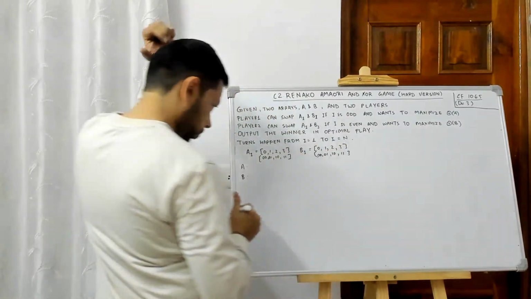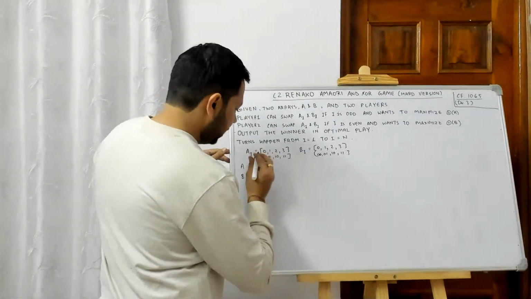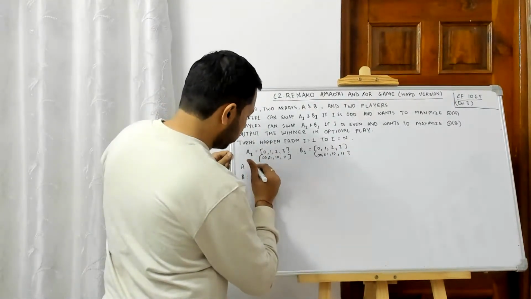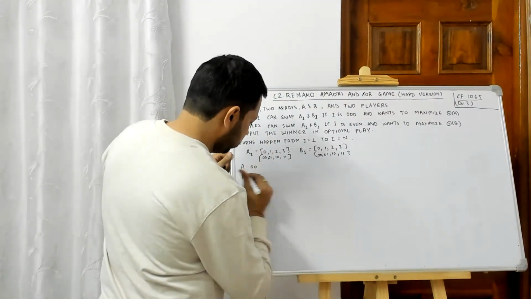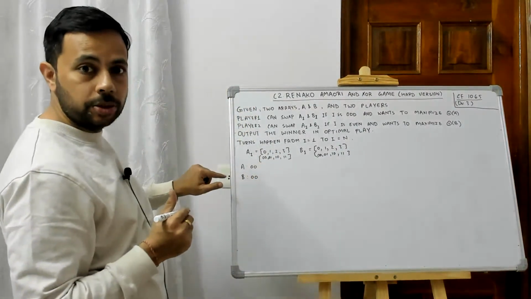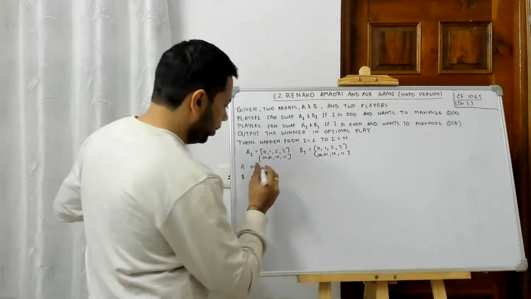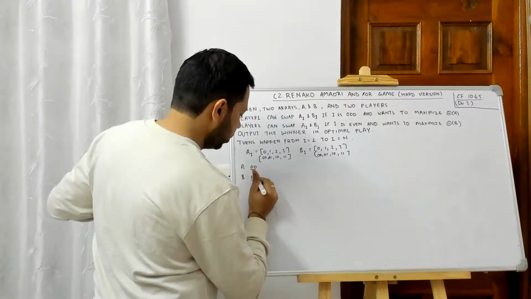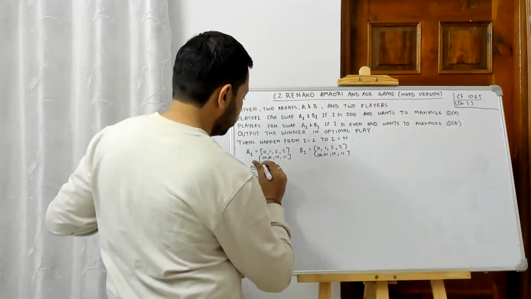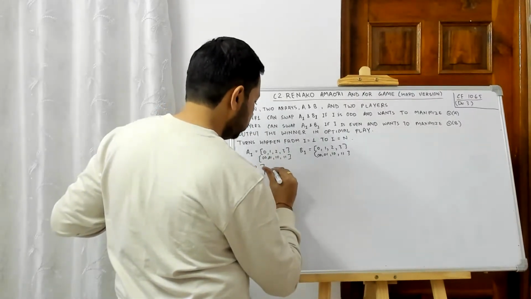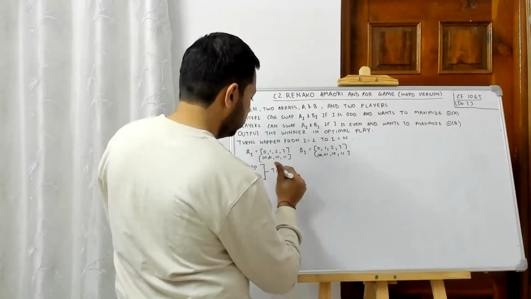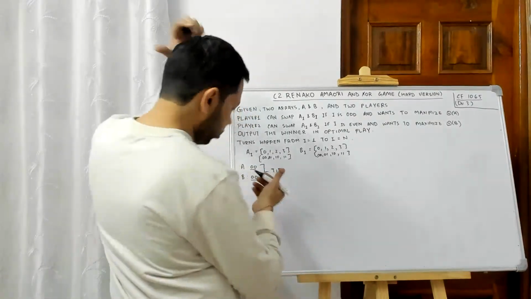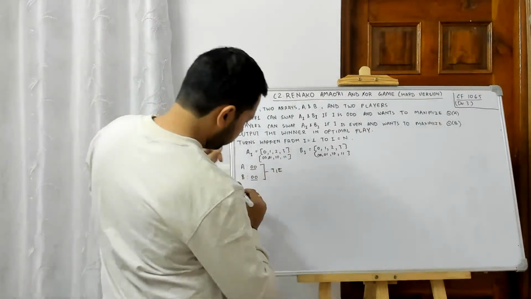So now A, let's say first start with 0, 0 and 0, 0. As both of them are 0, 0, it is going to be a tie. There is only one element, which is 0, 0. So it's going to be a tie. Very simple. No matter what you do, the OR will be the same.